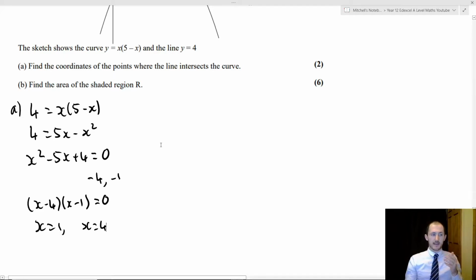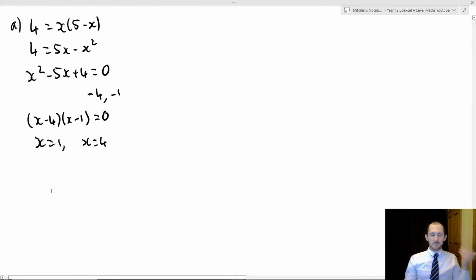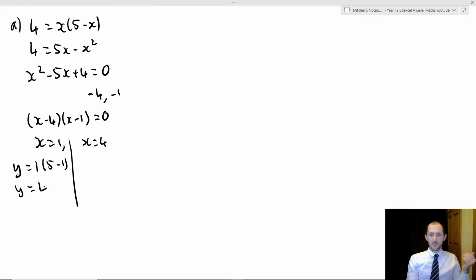And again, if we look back at our graph, it kind of makes sense, right? That 1 would be here, 4 would be here. Now, the y coordinate should be obvious, right? Because the line is just y equals 4. But if you're unsure, you can always sub it in. So y is now going to equal, for this left-hand side, it's going to be x(5 minus x), so that's 1 times (5 minus 1), which shockingly is 4.